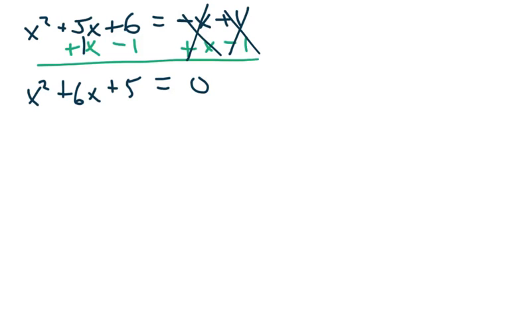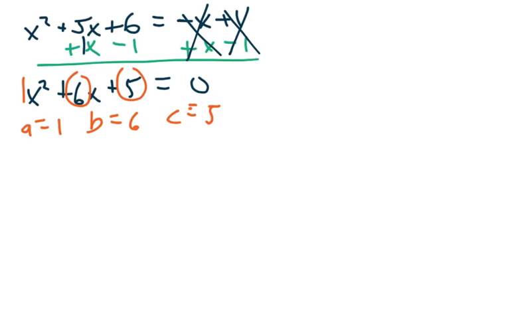Now normally, guys, I would factor this and I'd be done in a matter of a few seconds. But I notice some of you are struggling with factoring. So we're going to approach this with the quadratic formula. A equals 1, B equals 6, C equals 5. Again, 1, 6, 5, correct?